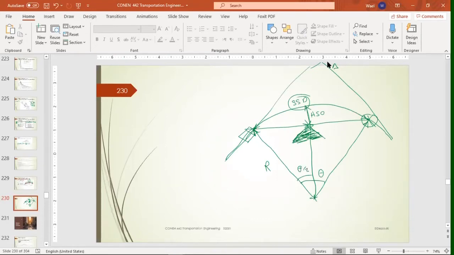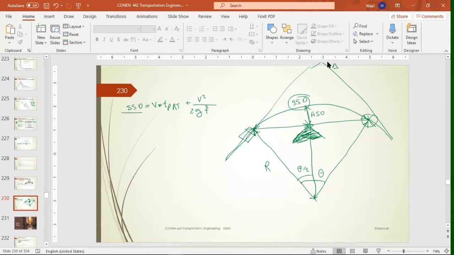So first of all, the stopping side distance equals speed multiplied by t PRT, plus V squared divided by 2 G F. So that's the stopping side distance.